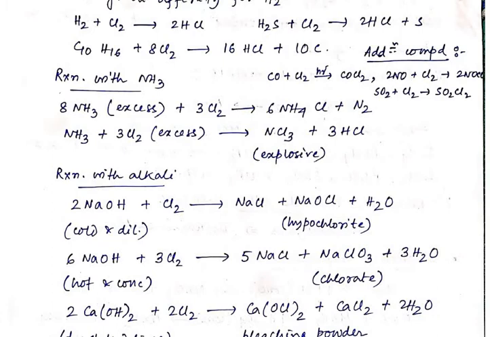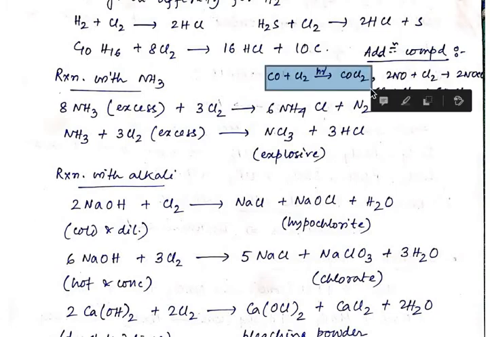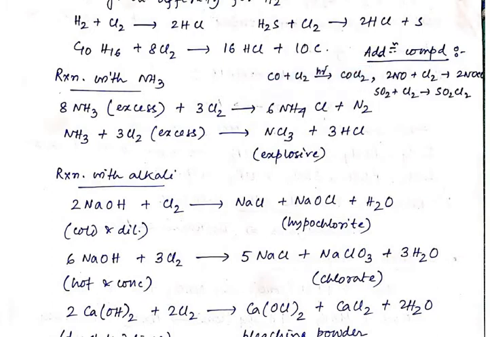The addition compounds are also there, so chlorine can form addition compounds also. For example, when carbon monoxide reacts with the chlorine in presence of sunlight, it will form COCl2. Okay, so COCl2 is actually known as phosgene.